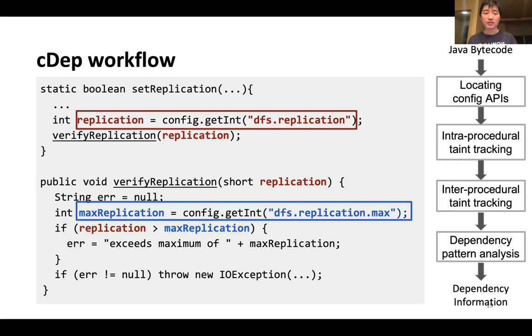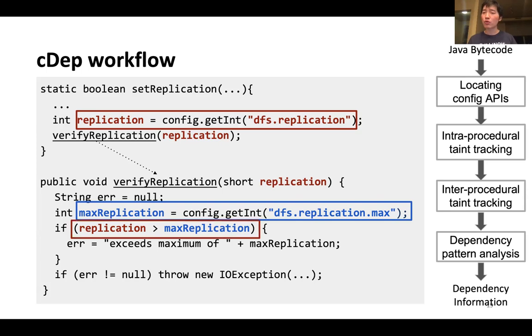And then we taint the variables which store the values of those parameters. Next, we do both intra- and inter-procedure taint tracking to track how those tainted variables are used throughout the program. In this example, we can see this replication variable is passed as a parameter to the function verifyReplication.